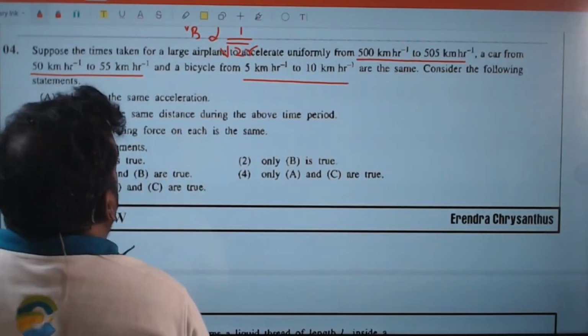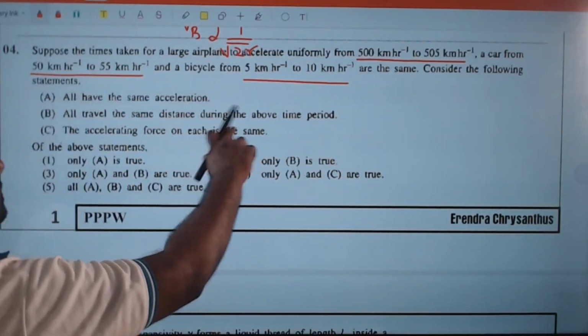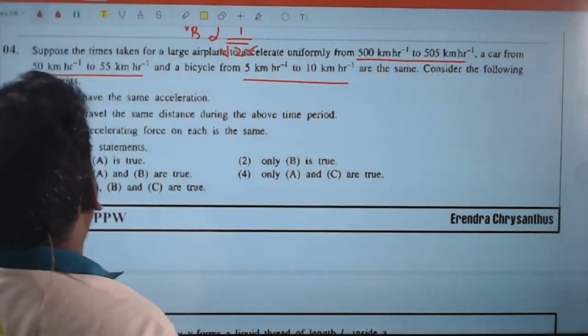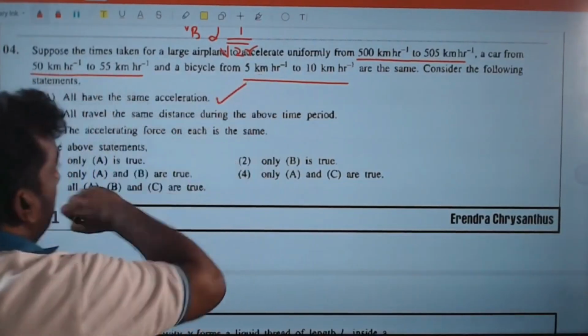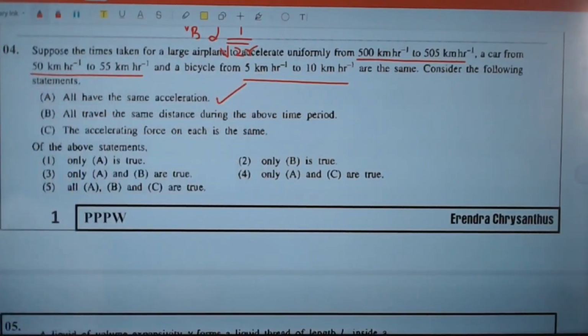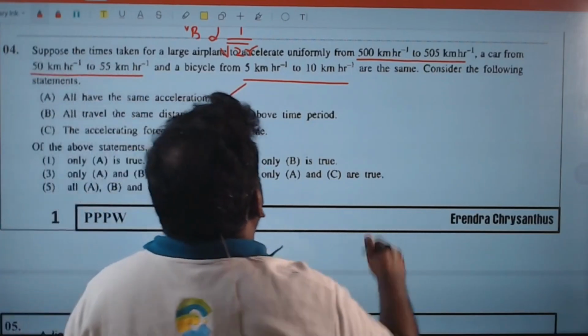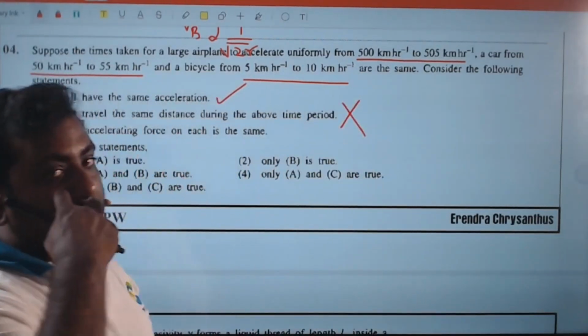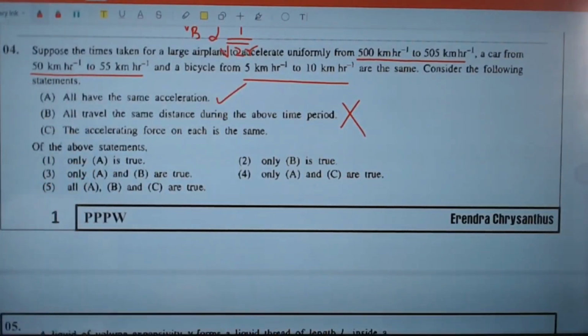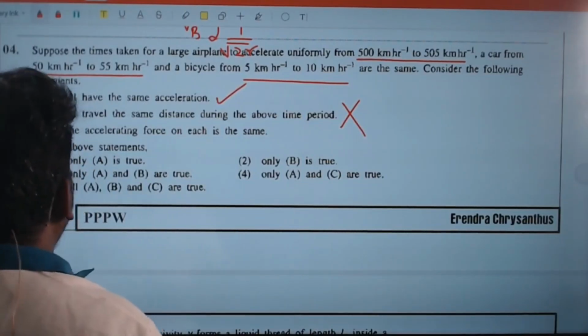So change in velocity over time, change in velocity over time, change in velocity over time: accelerations are the same. Correct, statement A is correct. All travel the same distance during the above period: wrong. Speeds are different, distances are different.